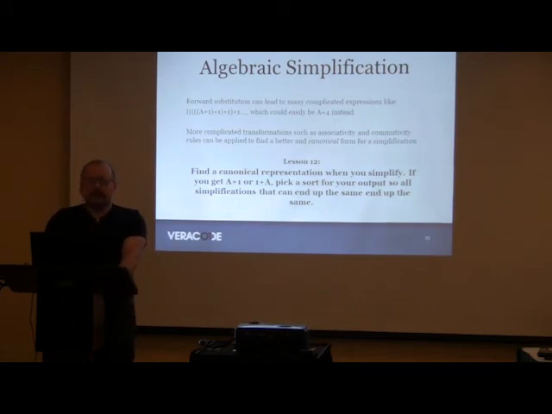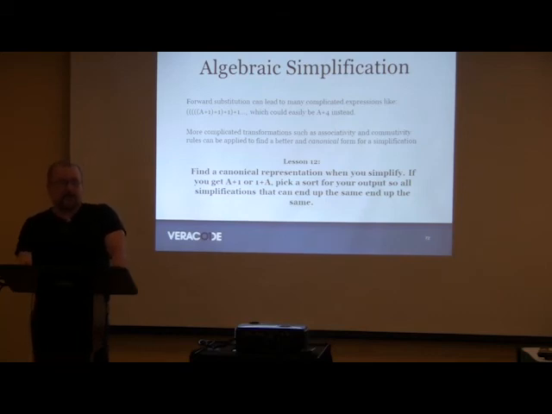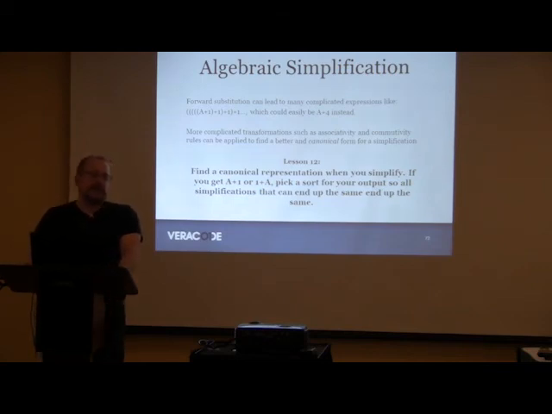The one valuable lesson here is that you should pick a canonical representation. It should not turn into 1 plus a if it can turn into a plus 1 all the time. If that's a plus 1, it's a plus 1. Don't make 2 different possible outputs for your simplification. Make sure that you pick a canonical representation for all your expressions. It makes it really easy to do just a tree walk to compare 2 expressions and determine whether or not they're equivalent.